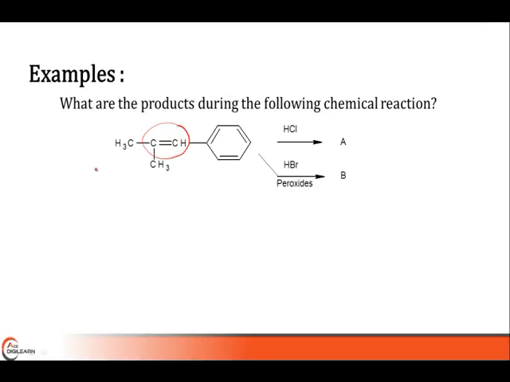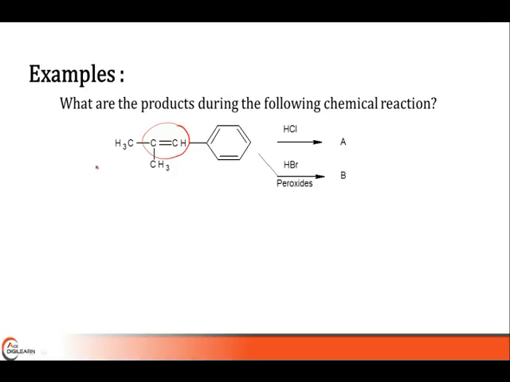While finding the products, we should not blindly follow the Markovnikov or anti-Markovnikov rule. We should know the relative stability of the intermediate. Actually, in this example, addition of HCl follows the anti-Markovnikov rule, and addition of HBr in the presence of peroxide follows the Markovnikov rule, because the stability of the intermediate is the more important criterion.